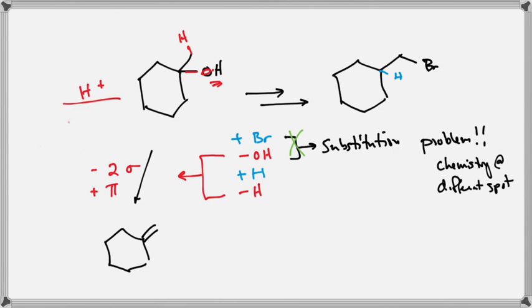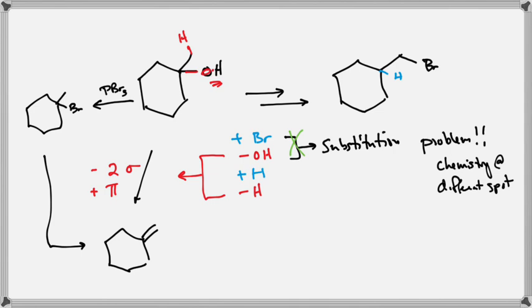So what it looks like the class has come up with is that instead of converting the OH into H2O, if we instead convert it into a bromine, the bromine is now a better leaving group, and it negates that issue of the acidic hydrogen.